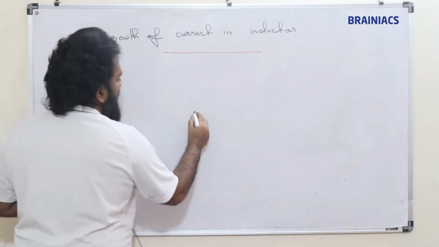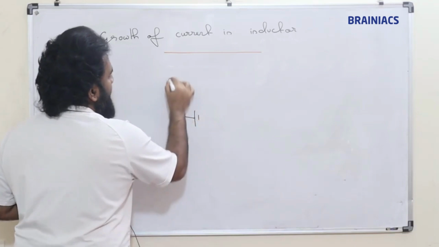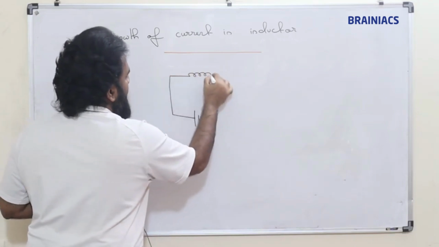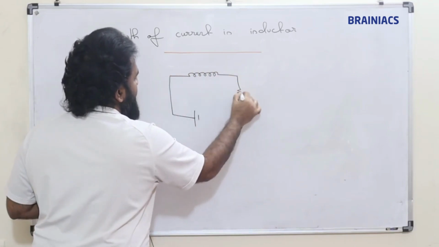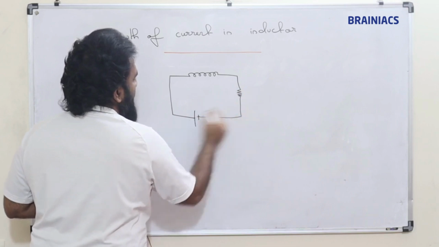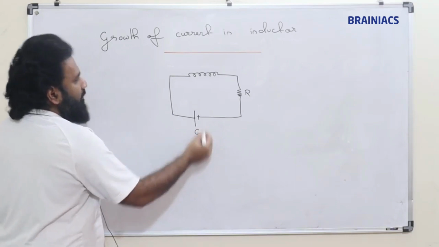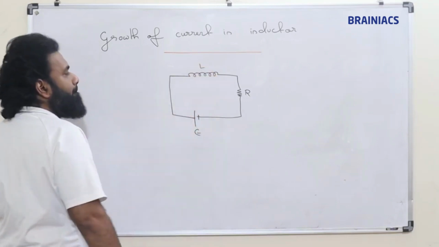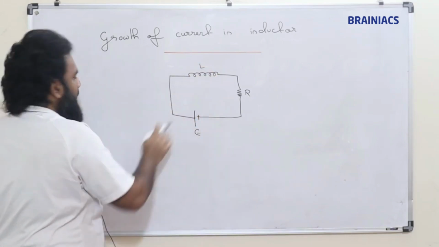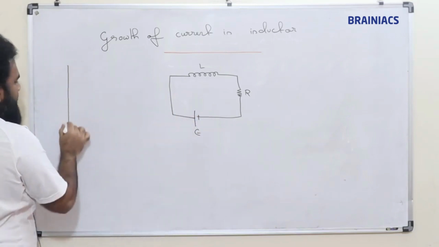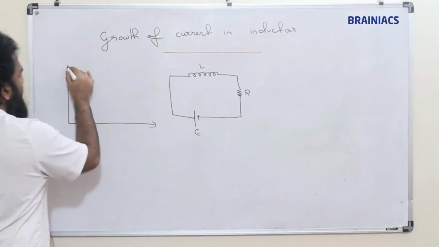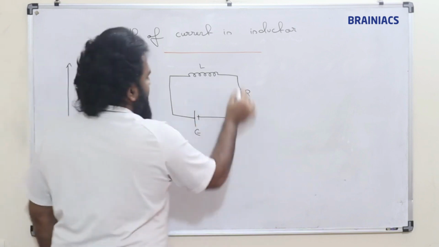Suppose this is a battery and there are a few turns, and this is a resistance, EMF, and this is an inductor. Generally, if there is such an inductor, what is the current through this?